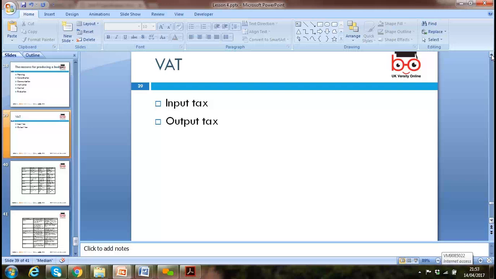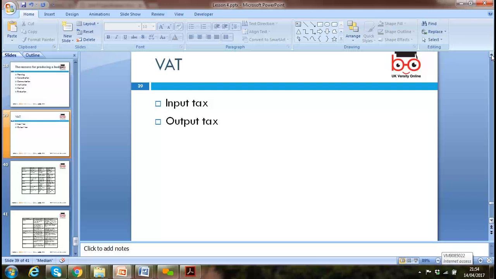So input tax we pay as a company, and output tax we charge from the customer. The difference between them we pay to HMRC. So what is input tax and output tax? What is the rate in the UK? The rate in the UK for businesses is 20% VAT.